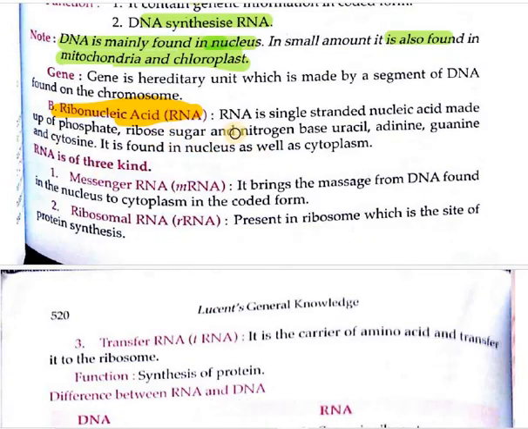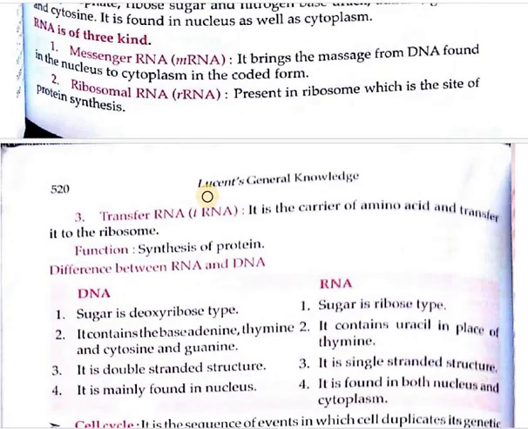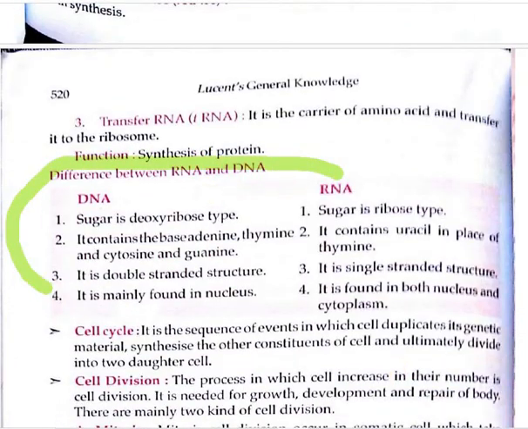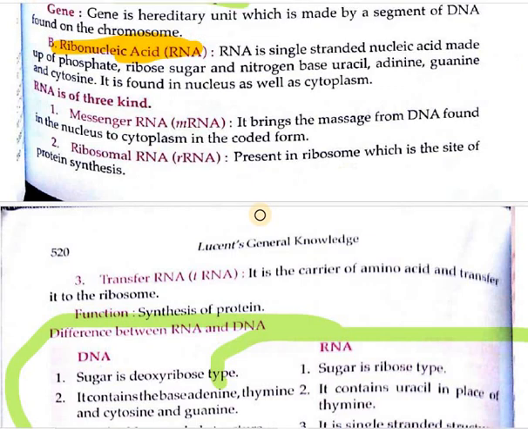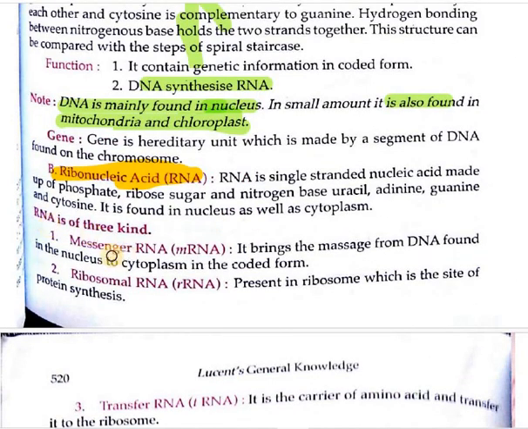Now RNA. I think these things are not important. Nowadays they are not asking what mRNA, rRNA, tRNA are, but you can go for the difference between RNA and DNA. So, three types of RNA.